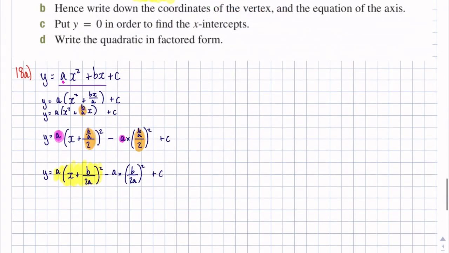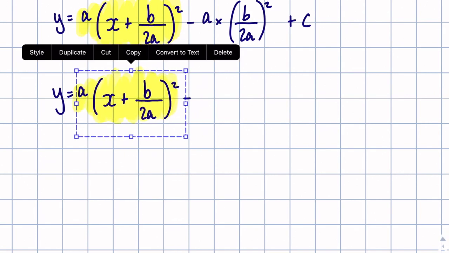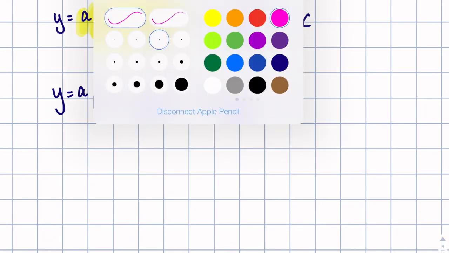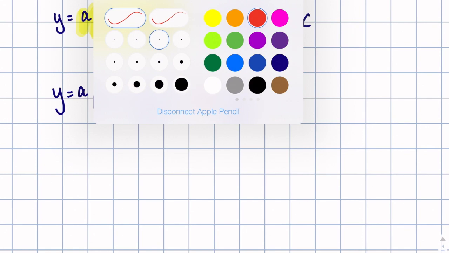Okay, so on the right hand side I'll just copy this thing. Take, now this is a times b squared over, now that 2a is squared as well, which gives me 4a squared, plus c. This a and one of these a's cancel out.